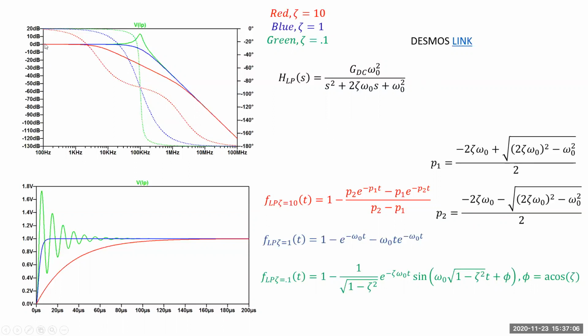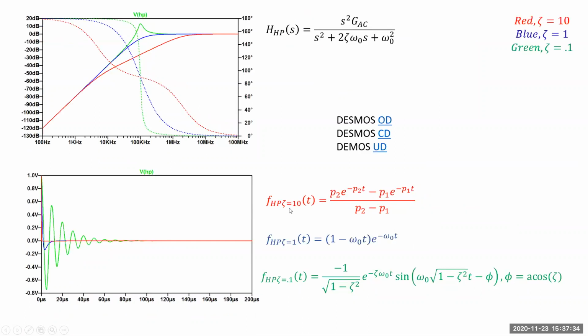But all three should start at 0, because as S goes to infinity, the output is headed towards 0. And they're all going to head towards 1, because as S goes towards 0, the output is going towards 1.